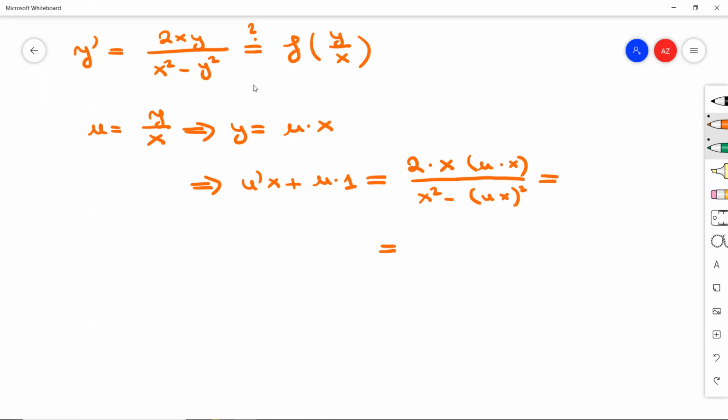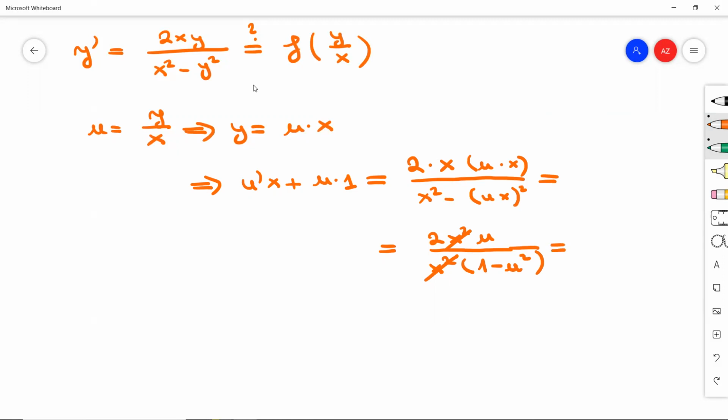And let's rewrite the right-hand side a little bit. In the numerator we have 2x squared u, and in the denominator we have x squared times 1 minus u squared. And now we see that x squared and x squared cancel out.